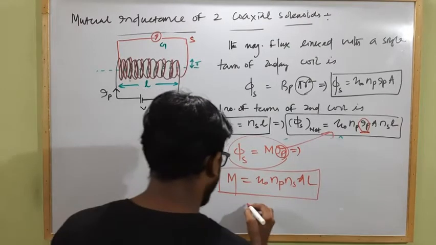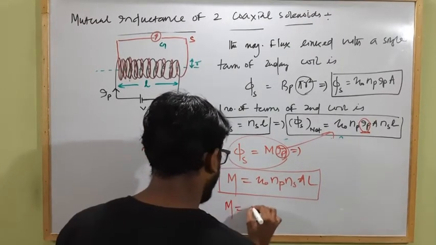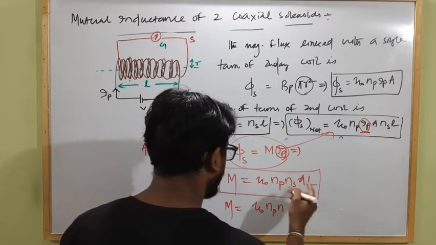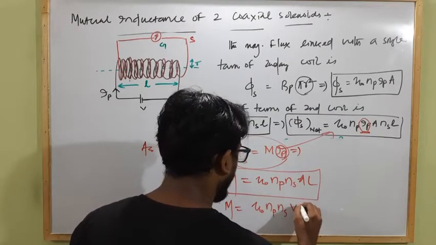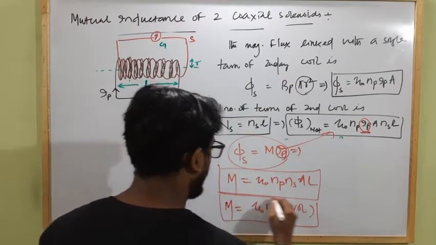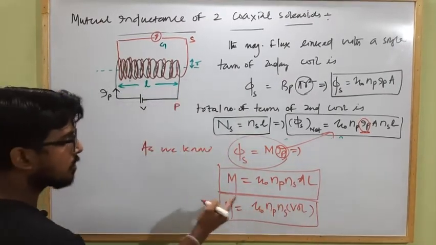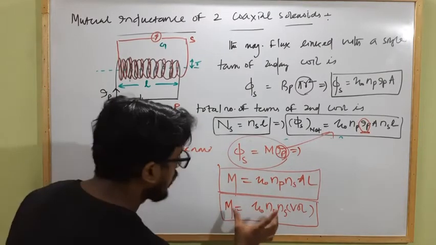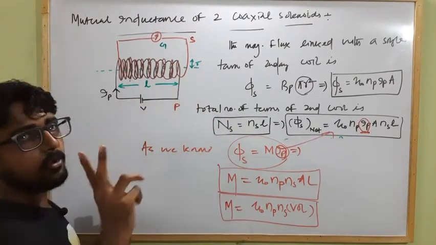From this we can also write the coefficient of mutual inductance M equal to mu naught, number of turns per unit length of primary, number of turns per unit length of secondary, into volume V, where A into L equals volume of the solenoid. So this is the expression for mutual inductance, and it is common for both primary and secondary. It is the property of the pair of coils. Clear?